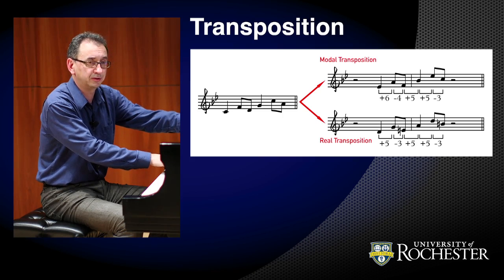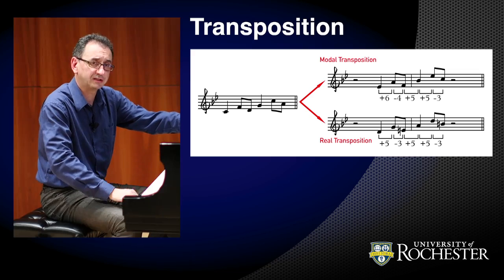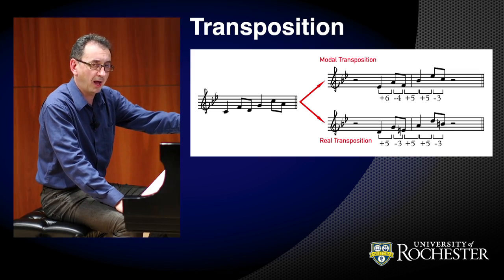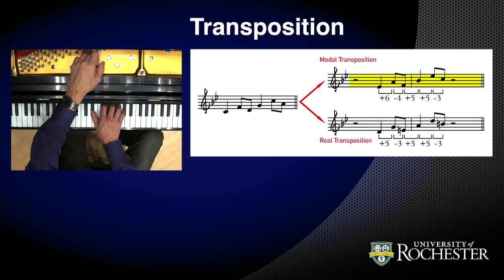So if you transpose it to the third, starting on E flat, we have to adjust our intervals in order to be compliant with the underlying modality, C Dorian in that case. Right? So instead of plus 5, we have plus 6 at the beginning and then 4 down.